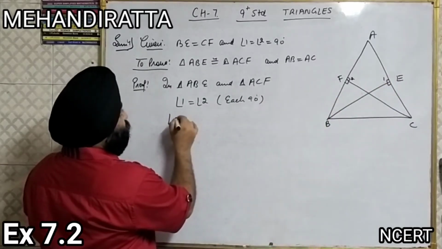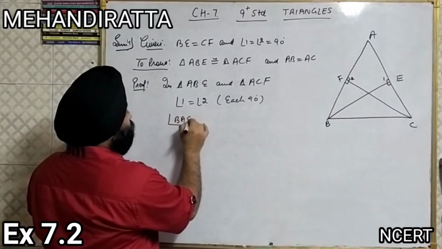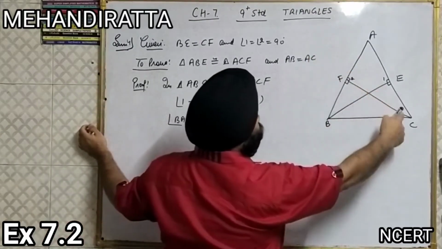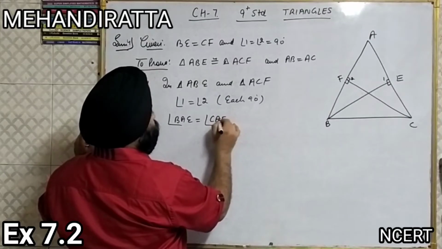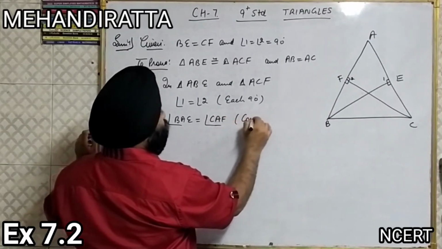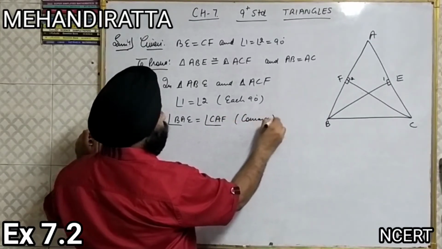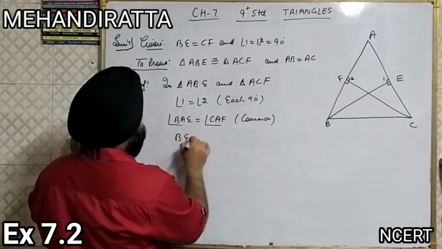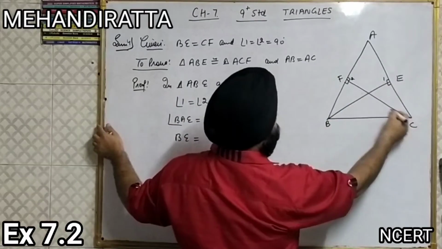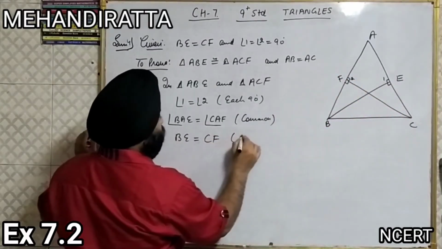Also angle BAE equals angle CAF. Why? Common. Also BE equals CF given.